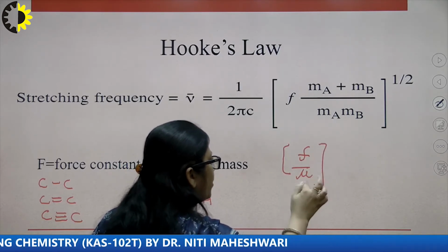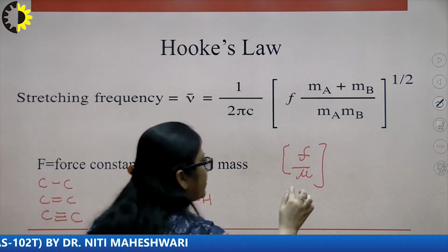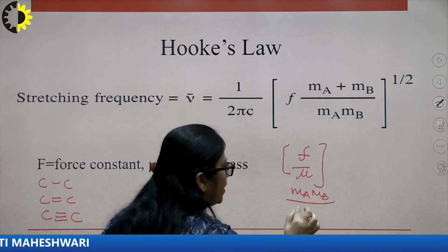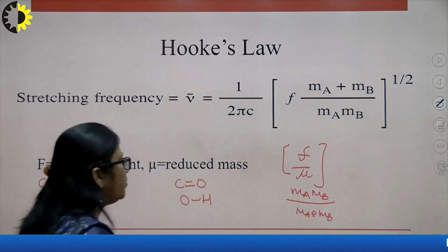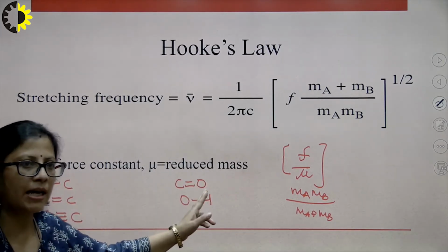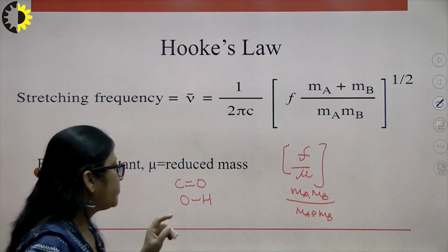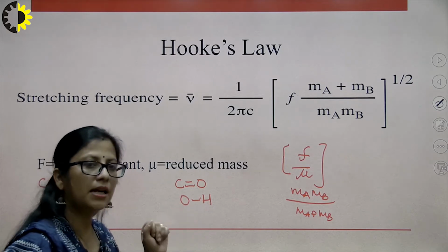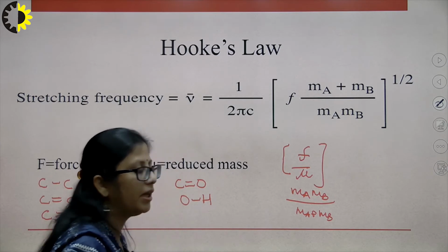Now this mu has to be small. Now in this case, mu is ma mb upon ma plus mb. Here you can see the masses of the atoms are high, therefore the denominator will also be high, and in this case the masses of the atoms are less in comparison to the other one, therefore the value of mu will also be less.